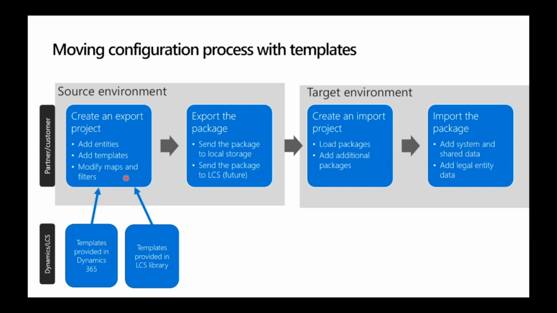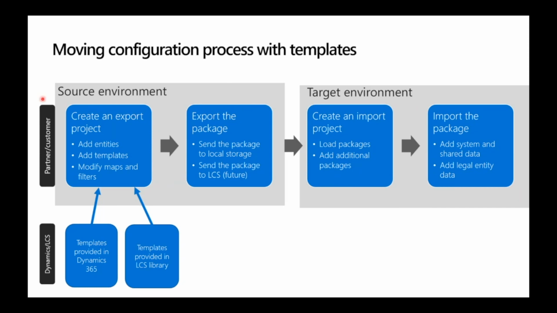Once you have that data file available in your target environment, you would create an import project. You would load the packages, might add some additional packages and just import it so that you have all the data now in your target system as well.